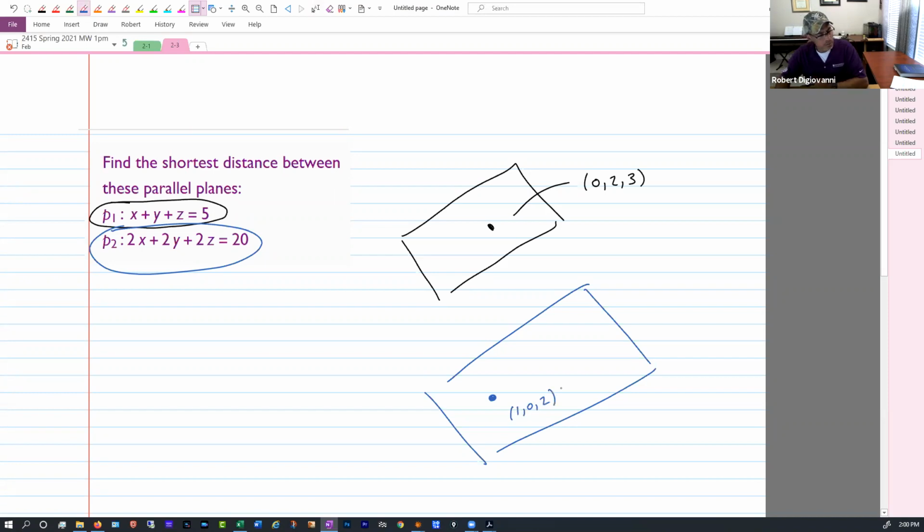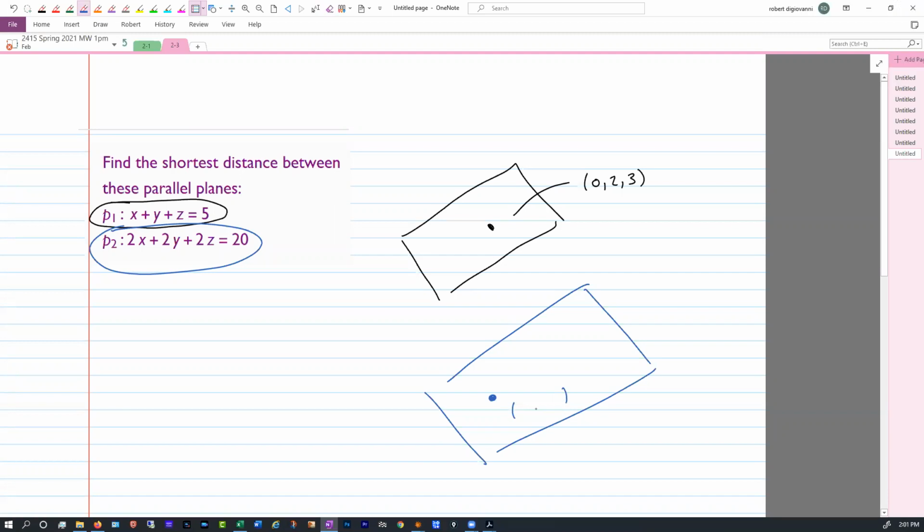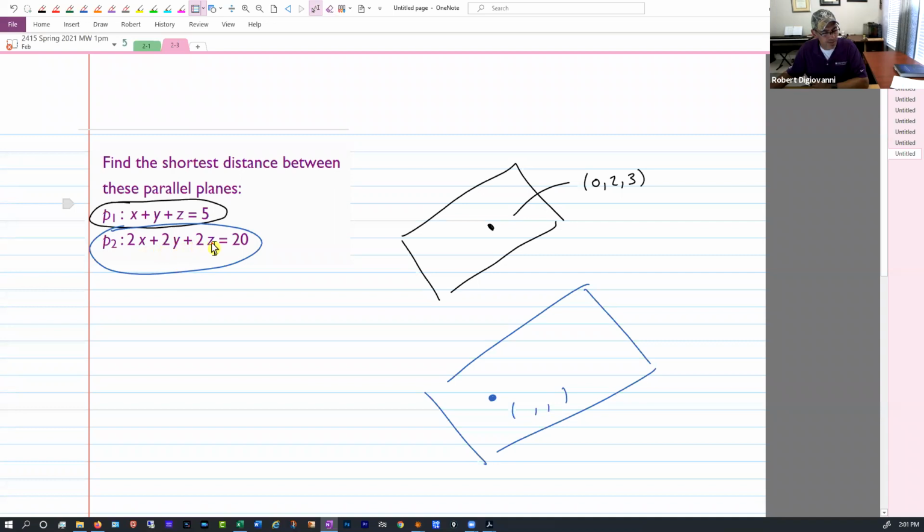That work? No. It has to satisfy this one. Hold on. We're trying to satisfy the second one. We do 1, 1, 1. That'll give us 2 plus 2 plus 2 is 6. We need it to be 20. Oh, it needs to be 20. Yeah.